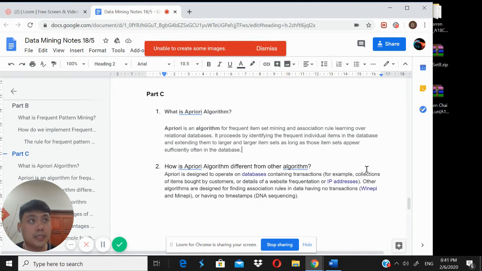The other algorithms merely implement the association rule, whereas the a priori algorithm tries to extend the data sets until it gets a sufficient amount of data, and tries to apply back the association rules, and it filters and finds out the relationship between item A and item B, which is extremely good and important in the business industry. So this is how the a priori algorithm is different from other algorithms.